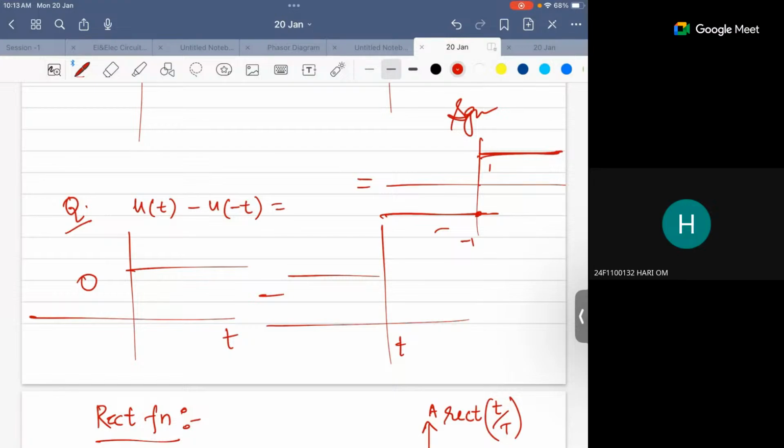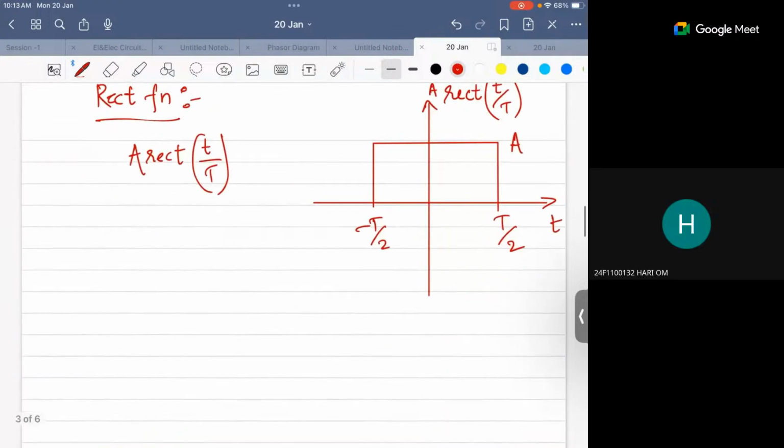So at t equals 0 the value will be 0. This is what your signum function is. In the form of u(t) also you can represent it, and when we come across the signum function we'll go through this again.